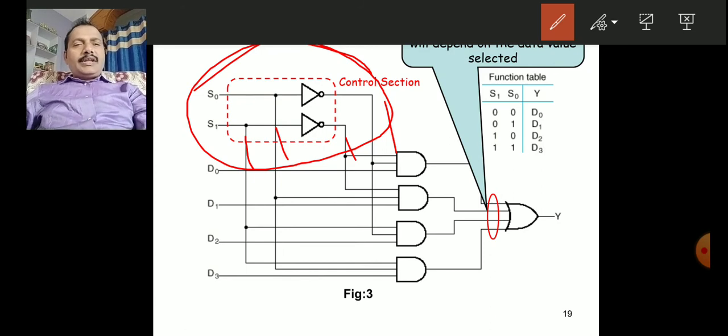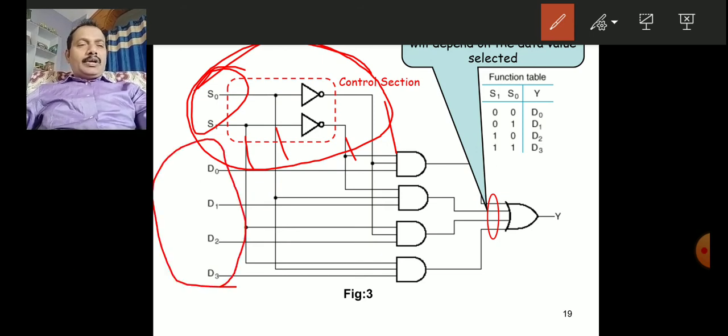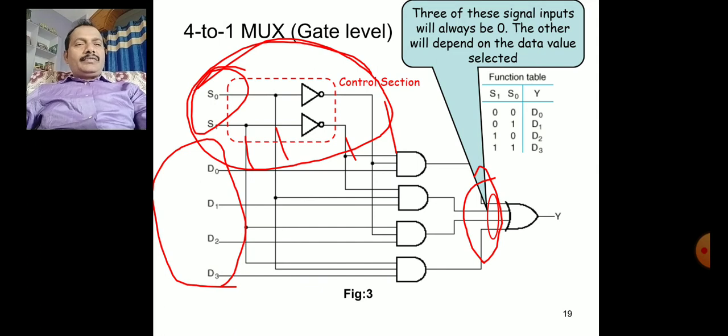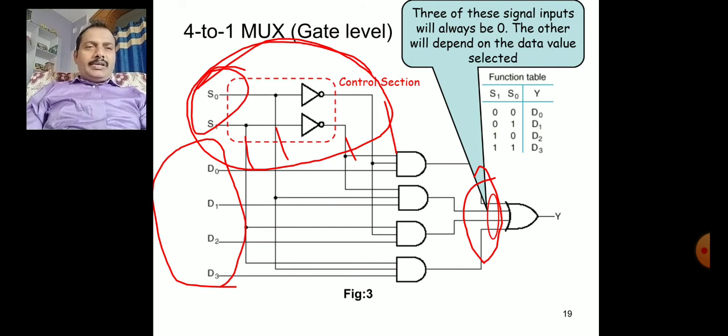Actual control selection lines are 2 only, but 4 lines will exist because of complemented and uncomplemented lines. And these are the data inputs. Now one of the inputs is selected. 3 of these signal inputs will always be 0. The other will depend on the data value to be selected.